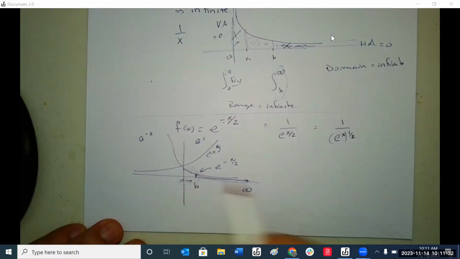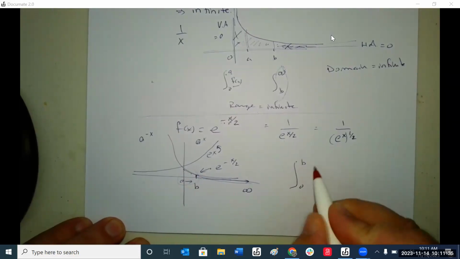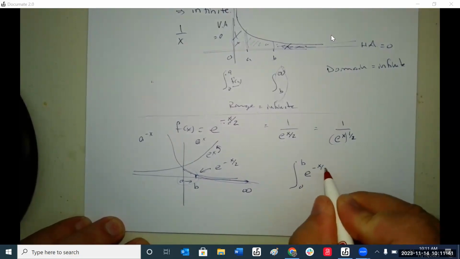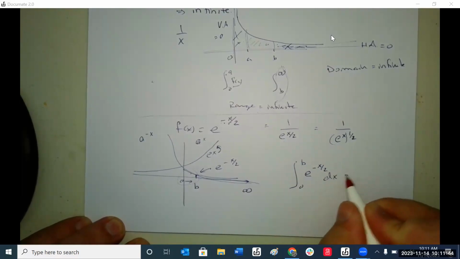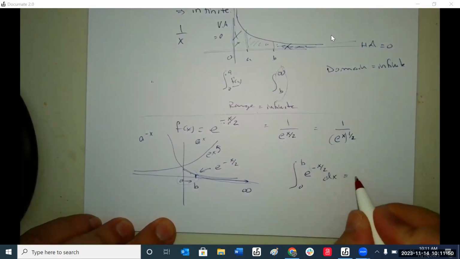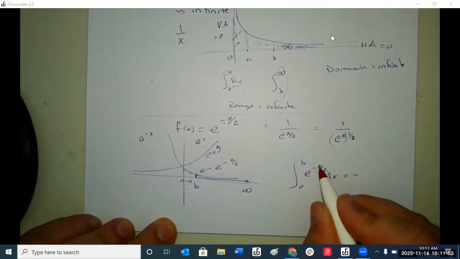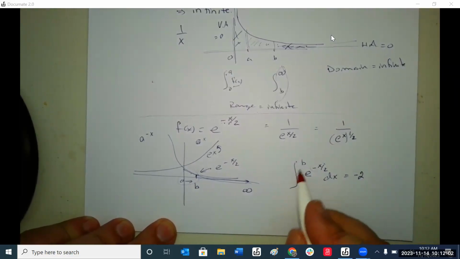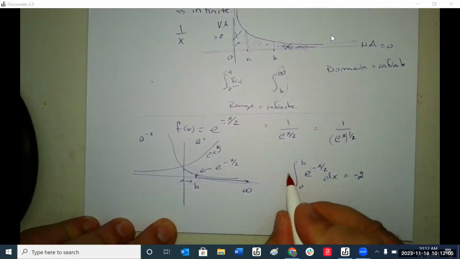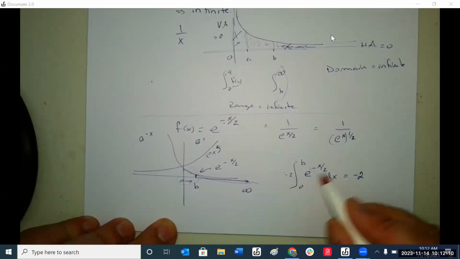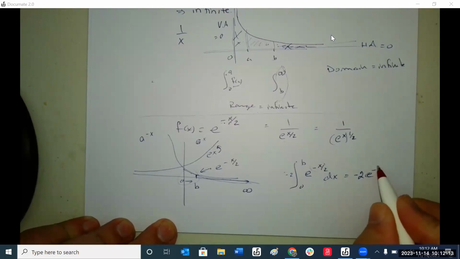All right, so let's look at this first part. From 0 to b, whatever value that is, we have our function e to the power negative x over 2. The integral of that is, the derivative of this would be negative 1/2. So that means we have to have a negative 2 in front here because it cancels out. And the integral of e is e to the x over 2.